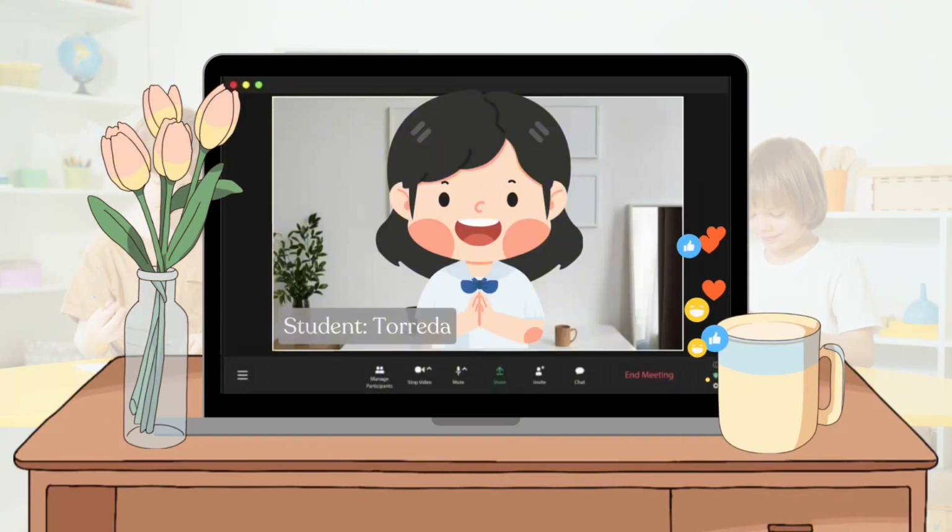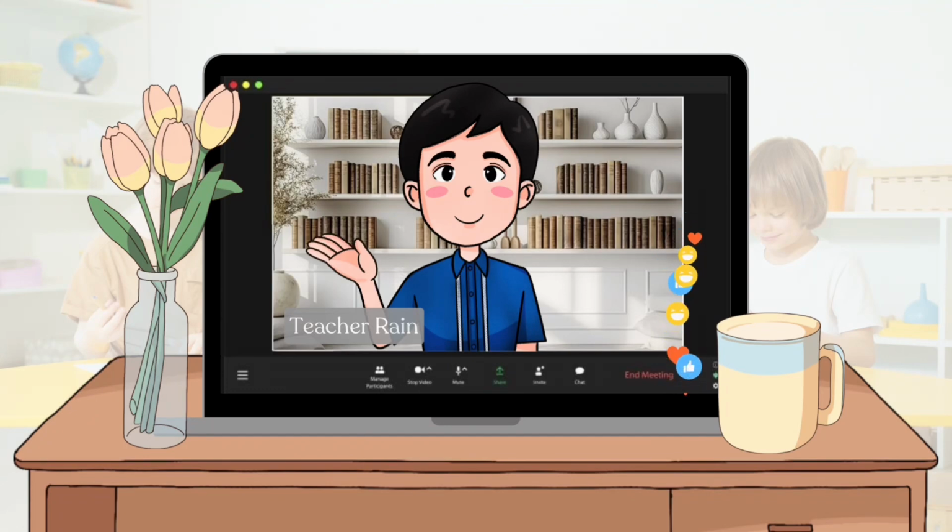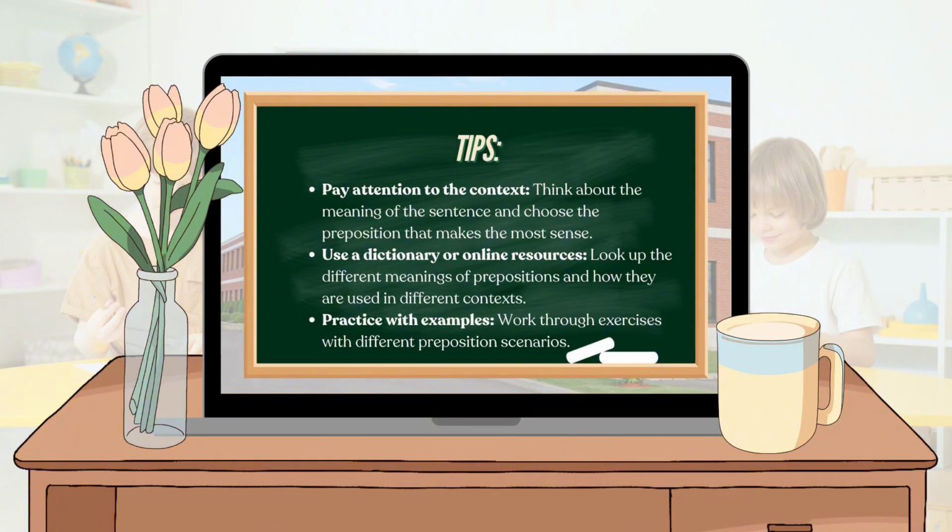Okay, class? I see. So, how can we help ESL learners understand these tricky prepositions? Excellent question, Toreda. Here are some tips that can help. First one is pay attention to the context. Think about the meaning of the sentence and choose the preposition that makes the most sense.